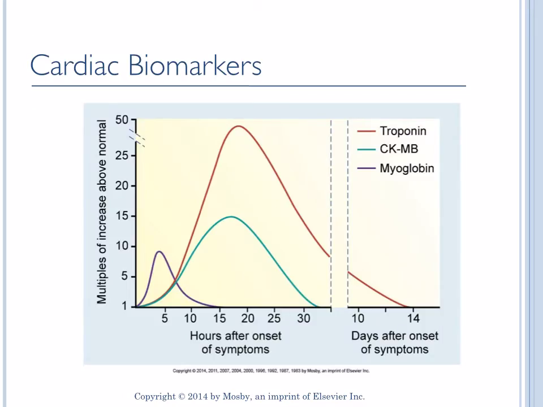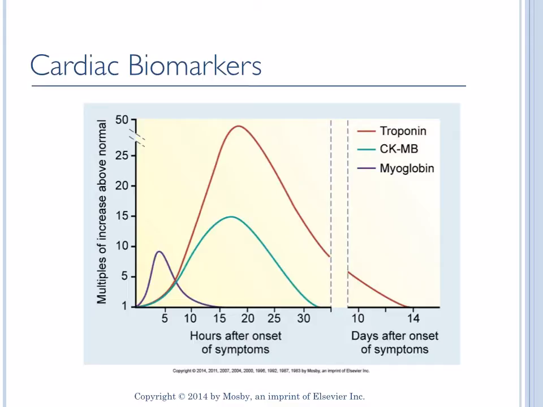This is a graph showing troponin, CKMB, and myoglobin. You can see clearly the red mountain, which is of troponin, and how it starts rising within 1 to 5 hours, and it peaks somewhere around 15 to 20 hours.